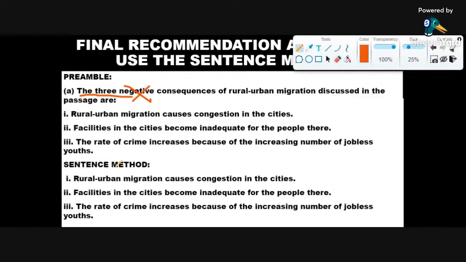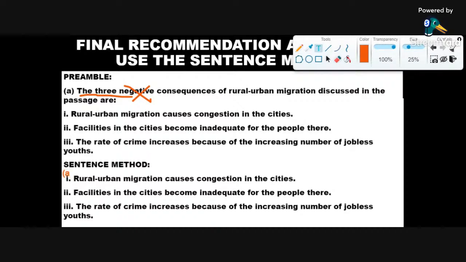And then look at the sentence method. Here you are not using any preamble. This is just the difference. But to make your answer complete, you need to indicate that the question you are answering is question A. Okay, that is omitted here.